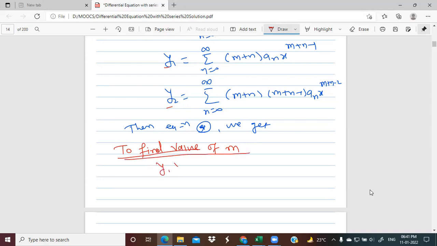If we put y1 and y2 in star, we compare the coefficient of the lowest power of x, and this is identical with 0, because the right hand side is 0.